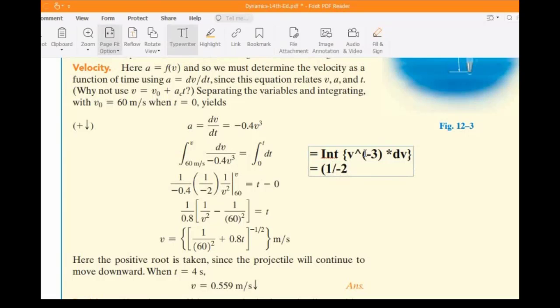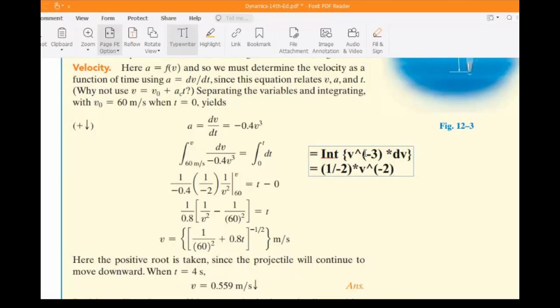Minus 2, sir? Okay, minus 2. Into v to the power minus 2, which is 1 by v square. Yes, 1 by v square, or v to the power minus 2, whatever you write.